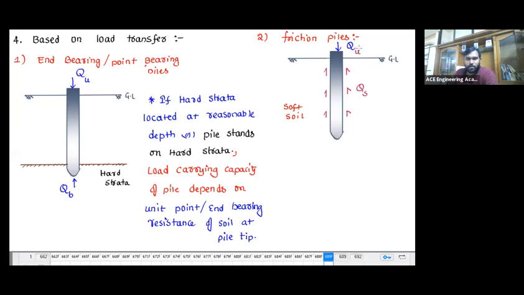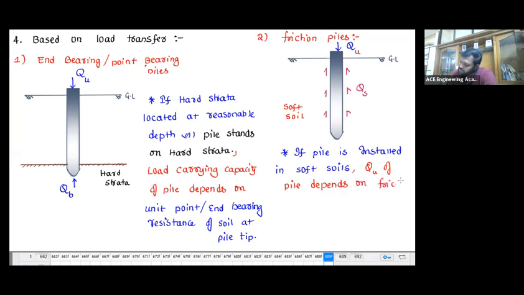So if the pile is installed in soft soils, the ultimate load carrying capacity of the pile depends on frictional resistance, or skin friction, between pile and soil along its length.